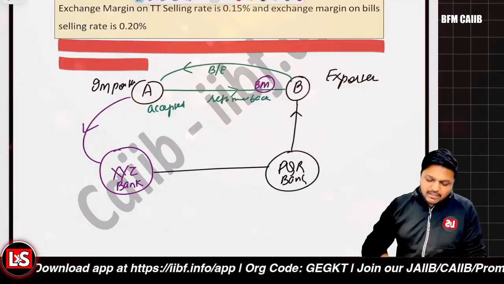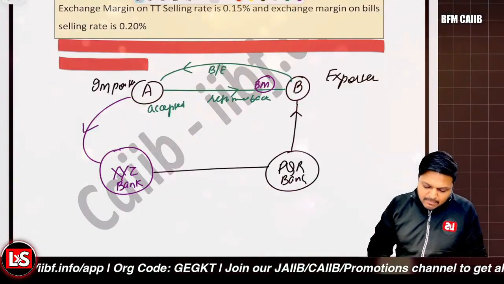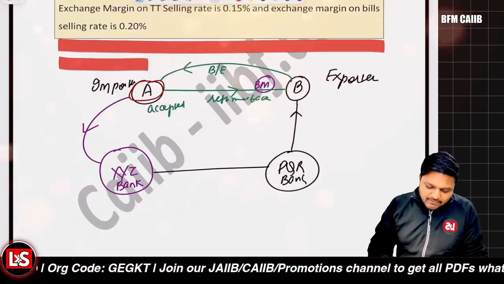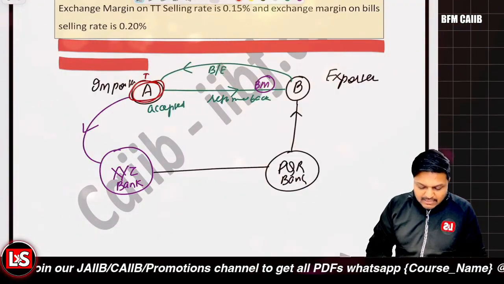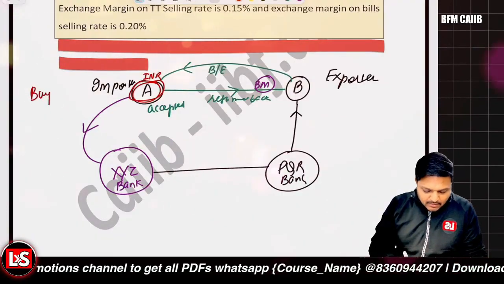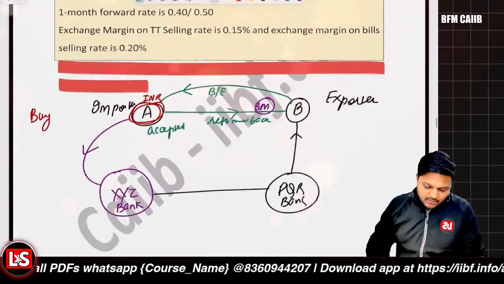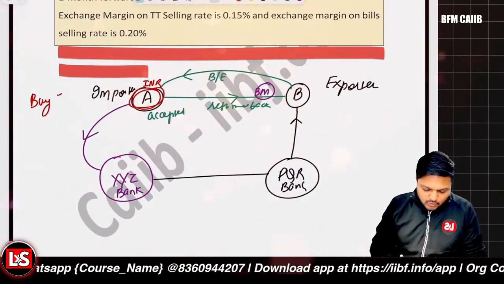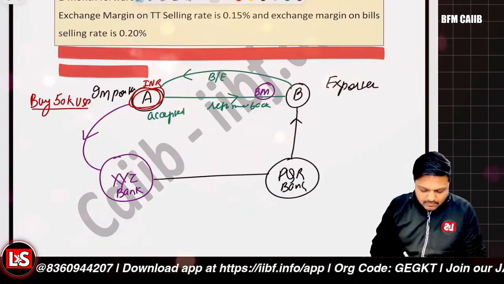But if we look deep inside the transaction, person A is the importer who does not have foreign currency but has INR. He has INR and wants to buy foreign currency. In this scenario, he is to buy 50,000 USD.